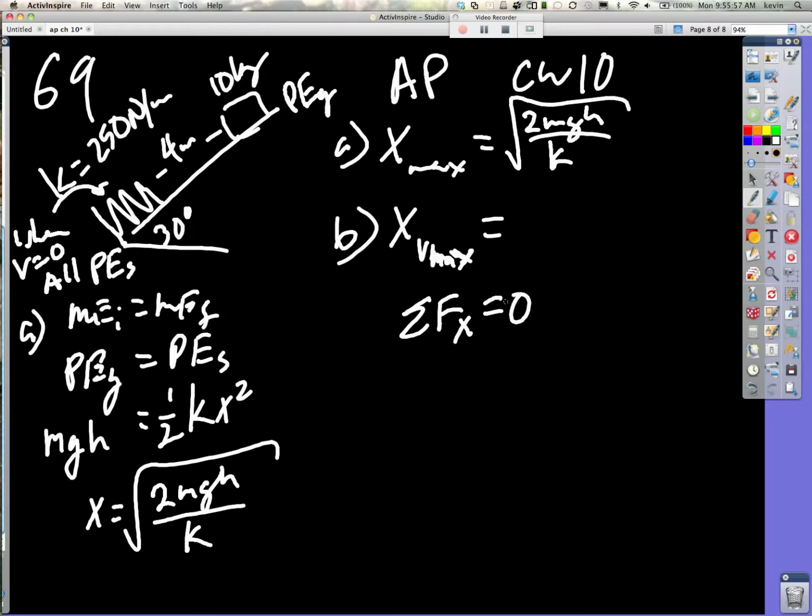So when it hits this, the sum of the forces in that direction, and we've been saying positive is down the hill, is mg sine theta minus Fs equal to 0. So mg sine theta is equal to kx. So x is equal to mg sine theta over k. Oh, that's crazy.